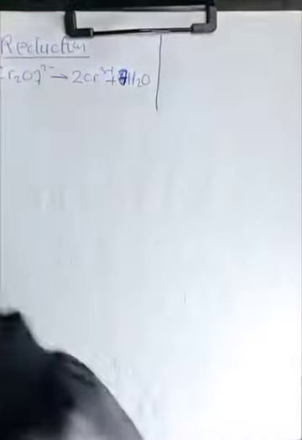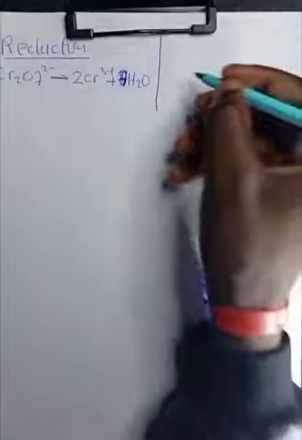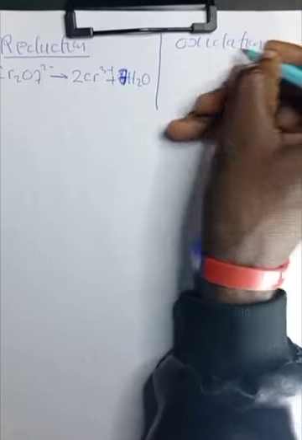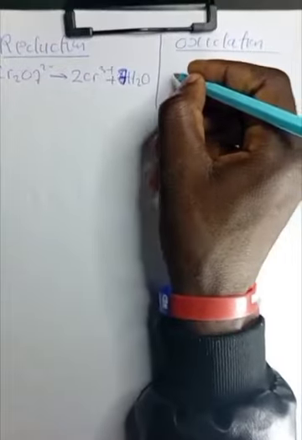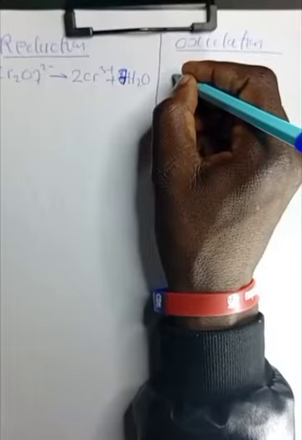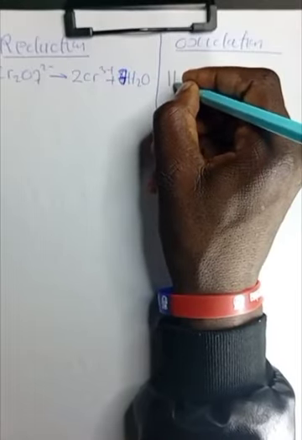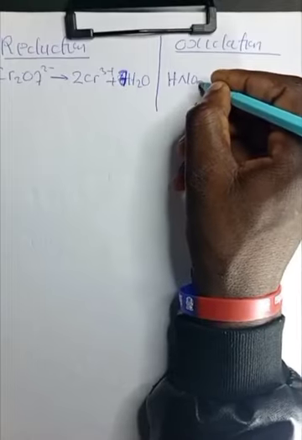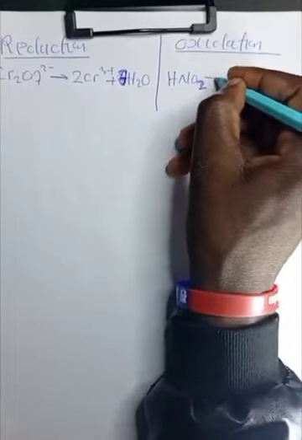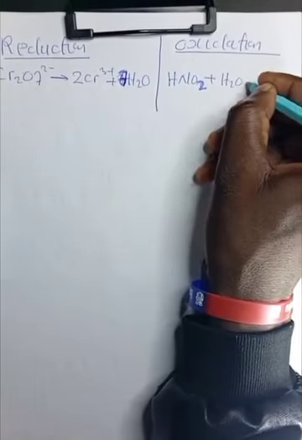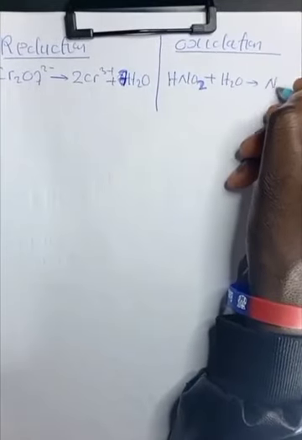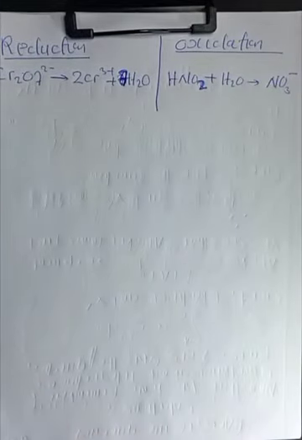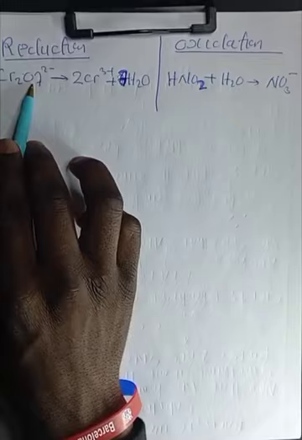Then this side we have the oxidation, which is HNO2 plus H2O. We are getting NO3 minus. So we have to balance the hydrogen ion.